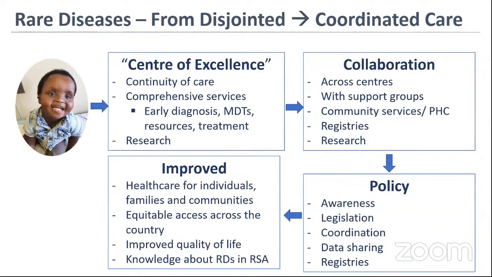All of this feeds into improved healthcare and equitable access for people with rare diseases, which ultimately our goal is to improve their quality of life. And no one person or one group or one center can do this. There needs to be real political will for us to be able to get all of this coordinated on a national level.